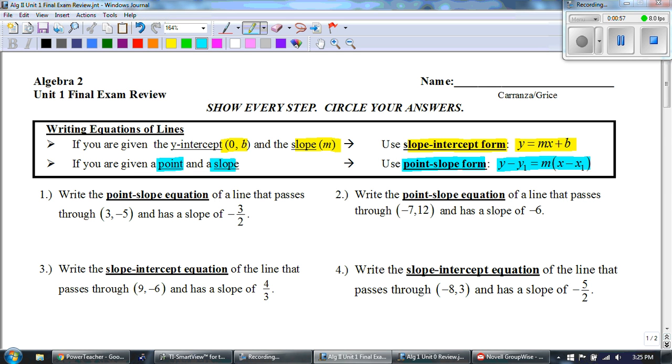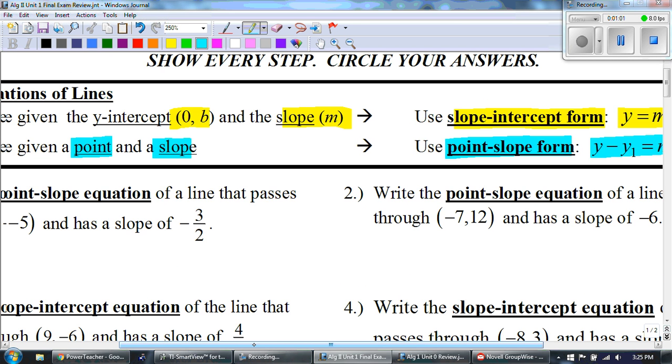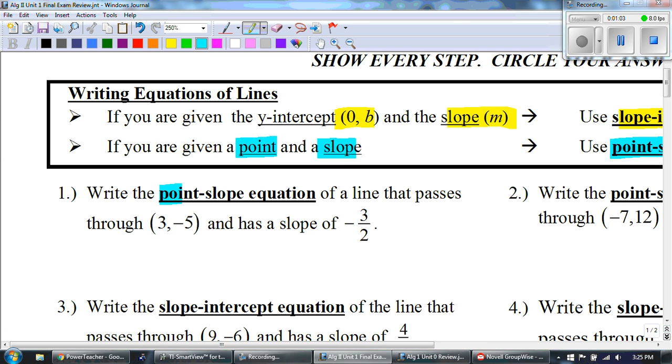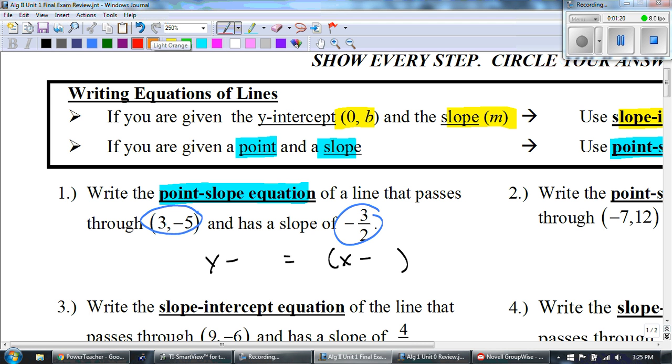Okay, so when you're looking at number 1, they say write a point slope. Well, they said point slope because they gave us a point and they gave us a slope. So that's the y minus y1 equals our slope, x minus x1. So I know what the slope is.